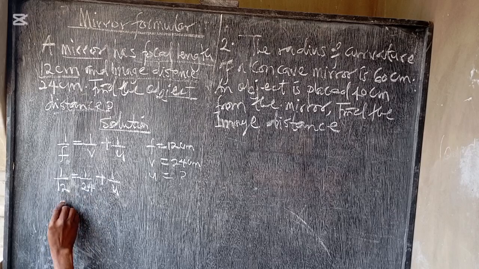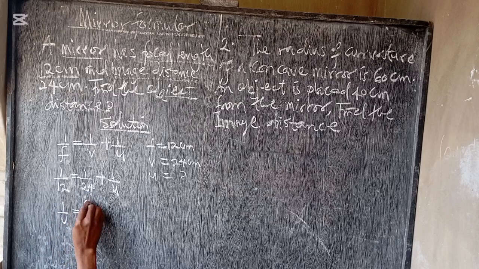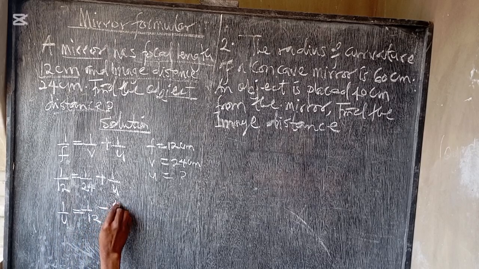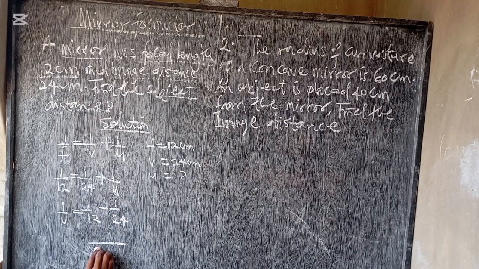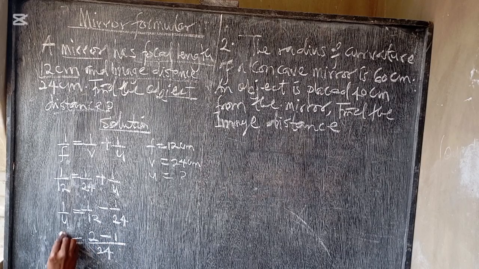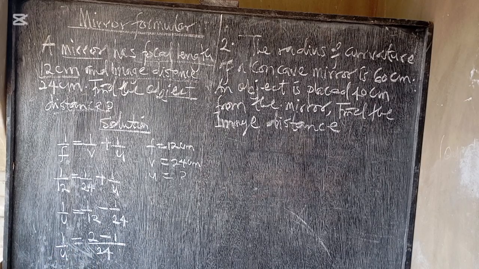You get 1 over u is equal to 1 over 12 minus 1 over 24. To find the LCM, which is 24: how many 12s are in 24? 2 times 1. How many 24s? 1 times 1. Everything equals 1 over u.